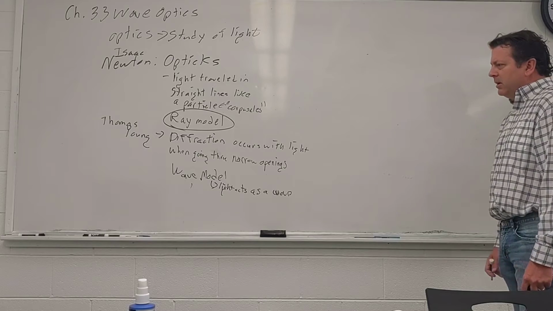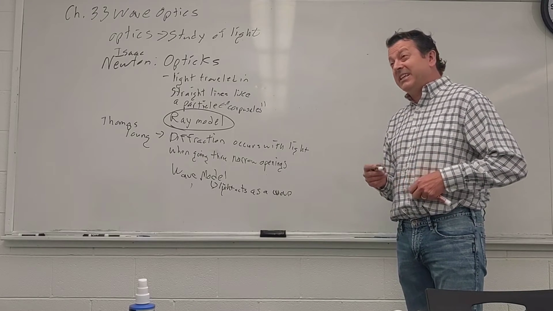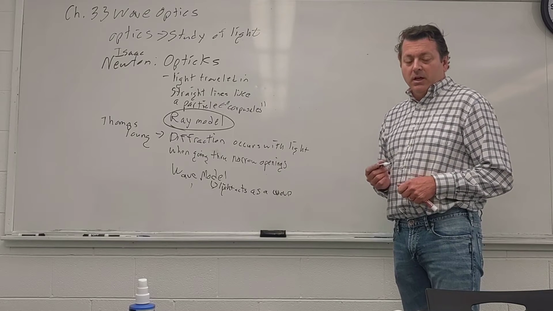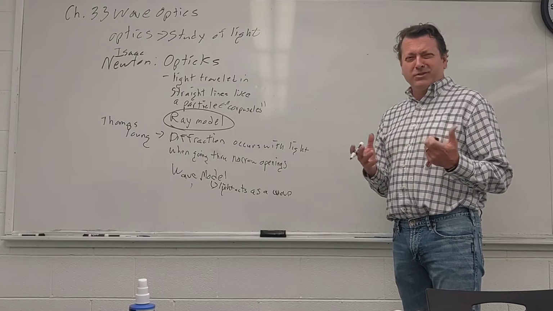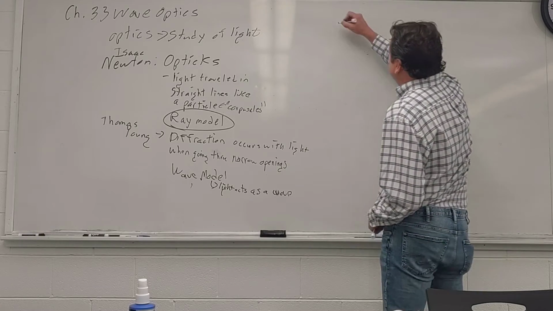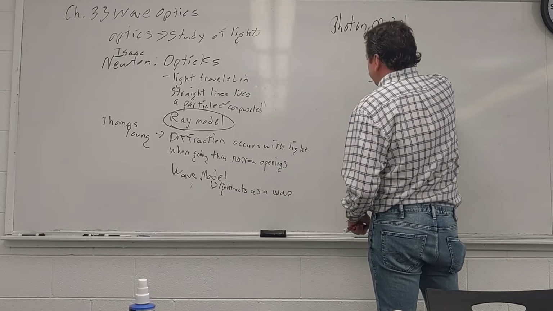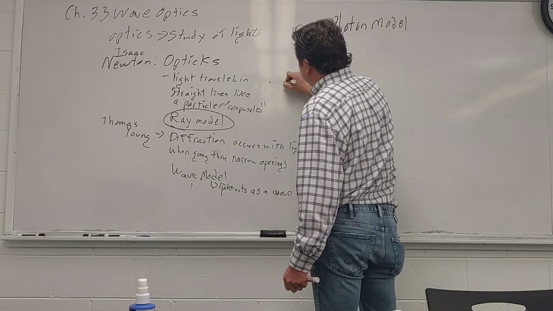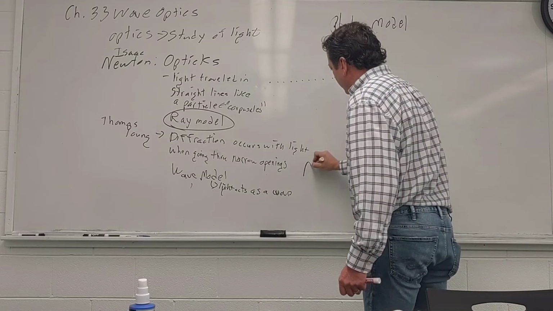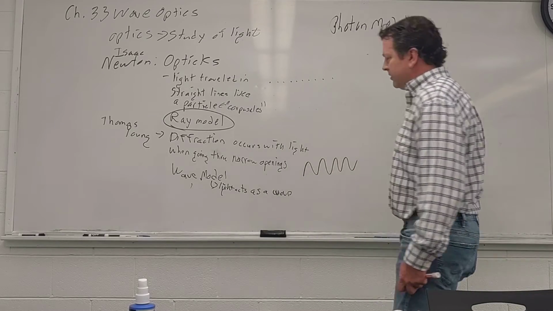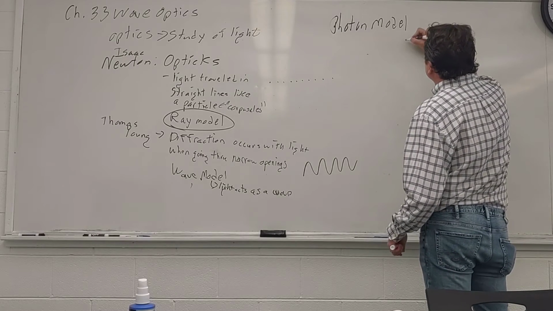But over time, especially with some of the modern work in the late 1800s and early 1900s, we started seeing some quantum stuff going on, and we developed what we now call the photon model, which really says light's not a machine gun spewing bullets. It's not a bunch of waves coming out like this. It's kind of in between.